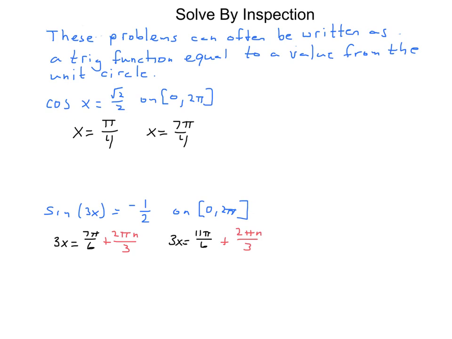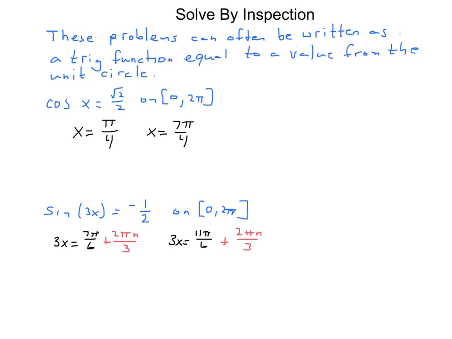The reason for that, again, is I am just adding on the period each time. And what I can now say is if 3x equals 7 pi over 6, or 11 pi over 6, plus this integer multiple of the period, where I put an integer in for n and simplify, I will actually get an angle whose sine value will be -1/2.